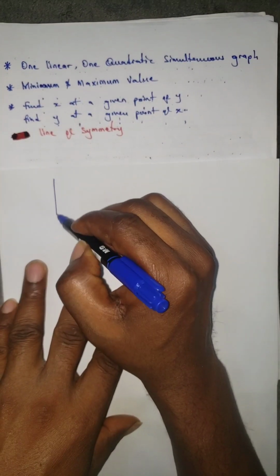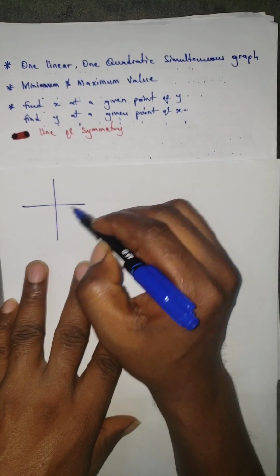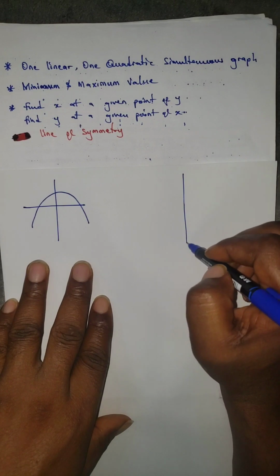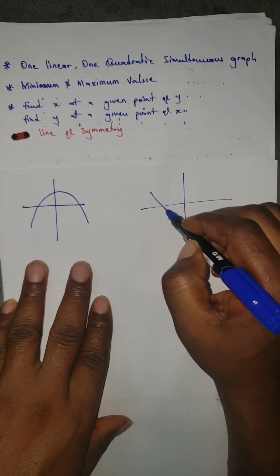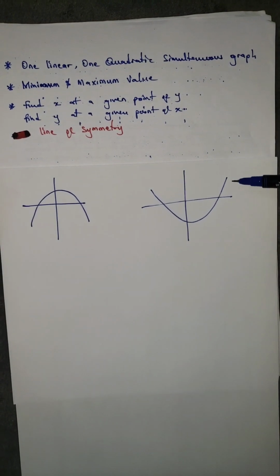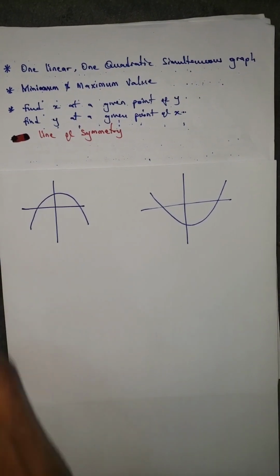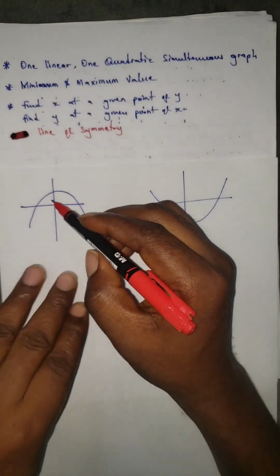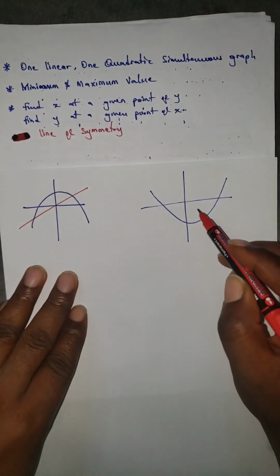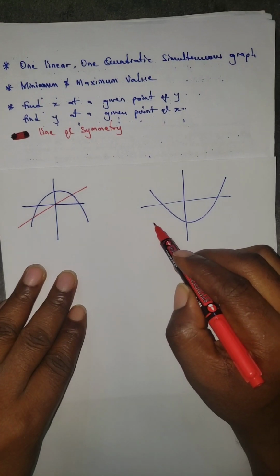Let's assume that you have your curve like this, or you have your curve like this. Okay, so this is your quadratic curve. Then you now have a straight line.